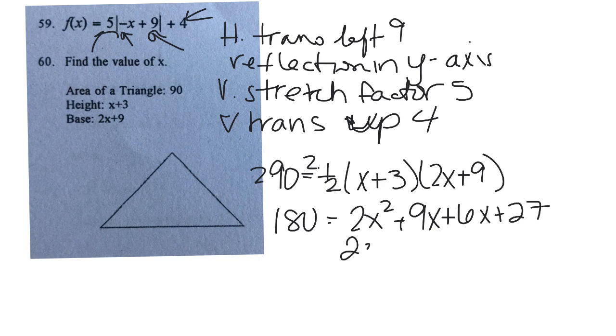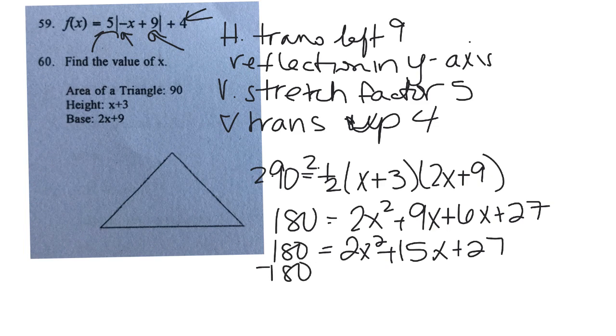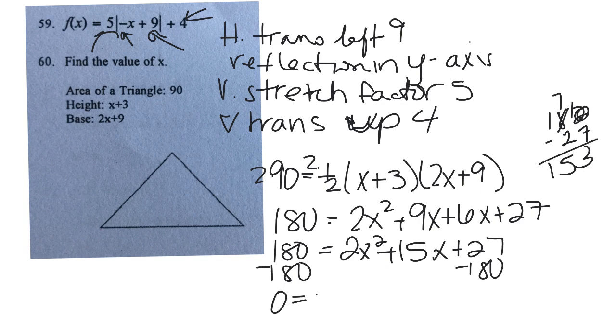And that's 2x squared plus 15x plus 27 equals 180. Now I'll subtract 180, and 180 minus 27 is 153, so 0 equals 2x squared plus 15x minus 153.